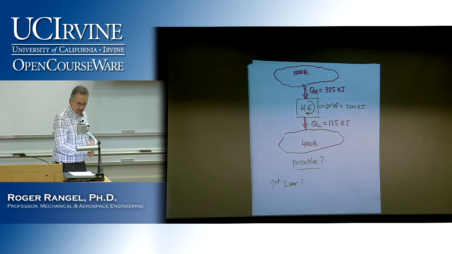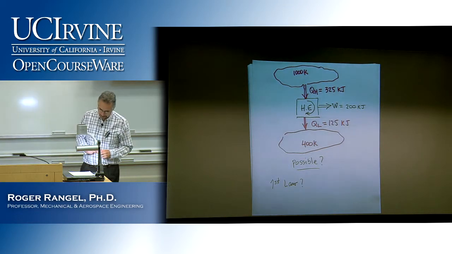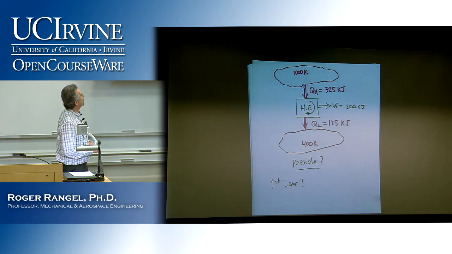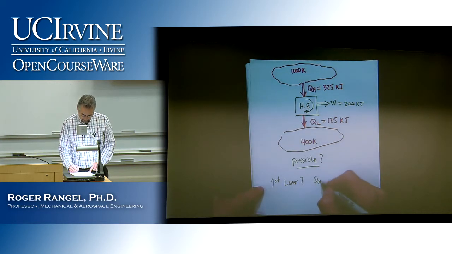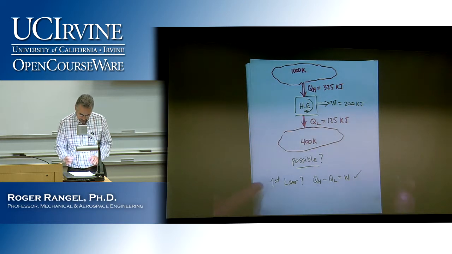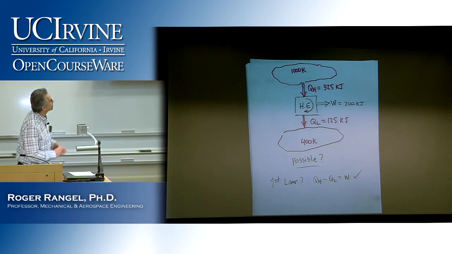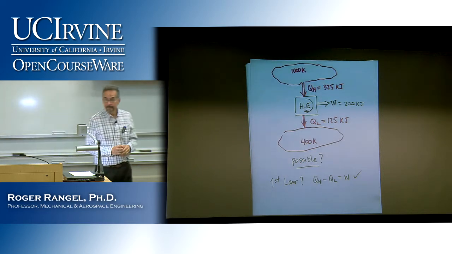What is the answer? Yes, it's obvious because you can in your head do the energy balance, essentially to check whether QH minus QL is indeed W, and that checks. So first law is fine.